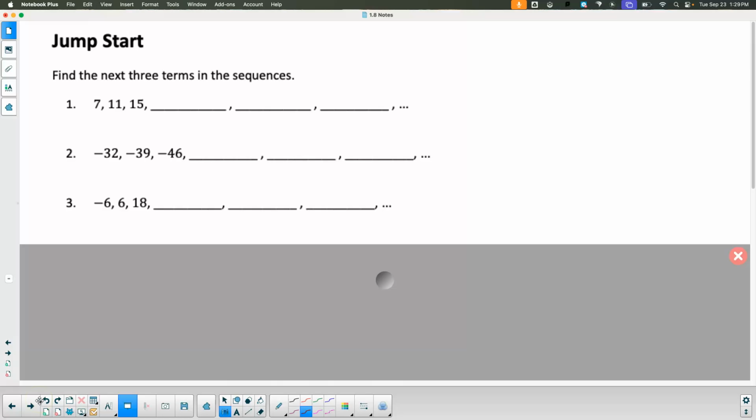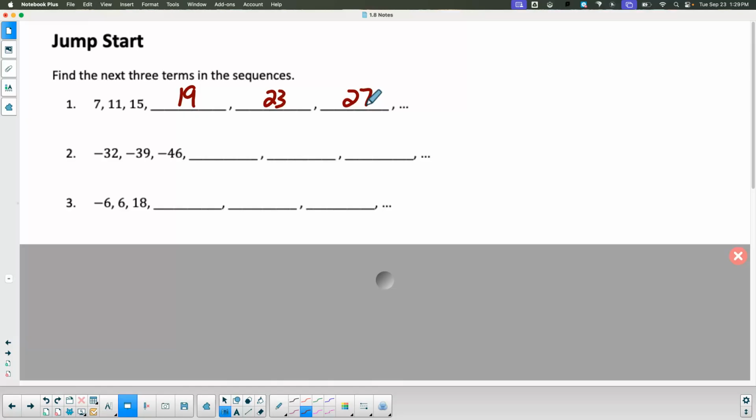In number 1, what is the pattern? What are we adding or subtracting? We're adding on 4 each time. So 15 plus 4 would be 19, plus 4 would be 23, plus 4 would be 27. Nailed it. In number 2, what's my pattern? Subtracting 12.